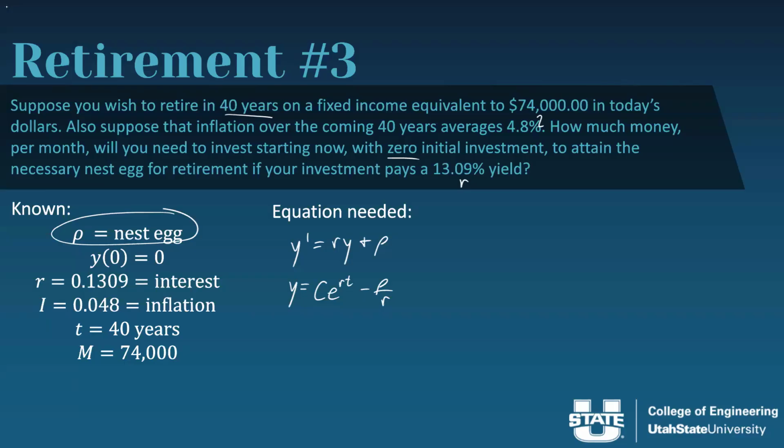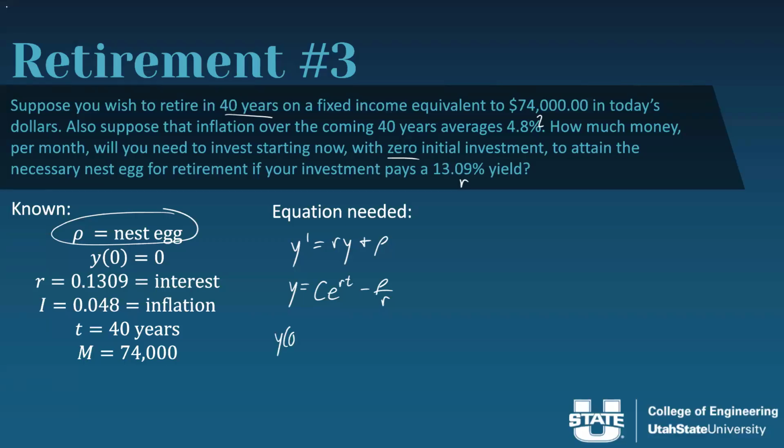We want to solve for c, right, to fill up our equation. So we're going to have to keep things in terms of rho and r to solve for c. So we can still use our initial conditions, which is 0. So 0 equals c minus, wait, sorry. Yeah, I'm going to keep this general for different situations, because say we start with a different y naught.